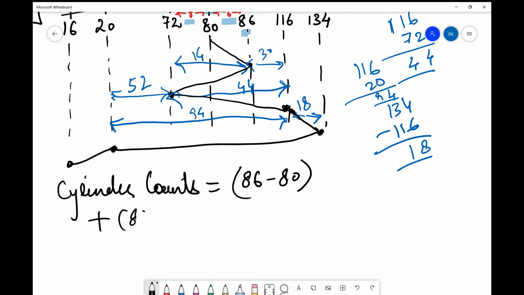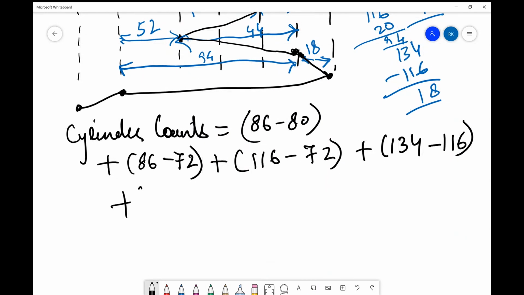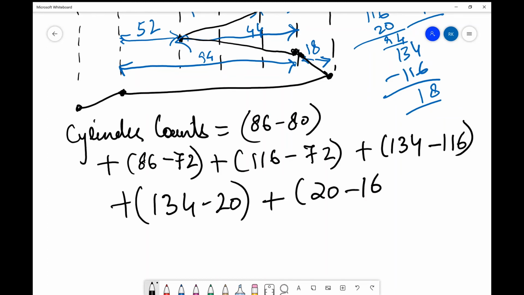So 86 minus 72 plus 116 minus 72 plus 134 minus 116 plus 134 minus 20 plus 20 minus 16.